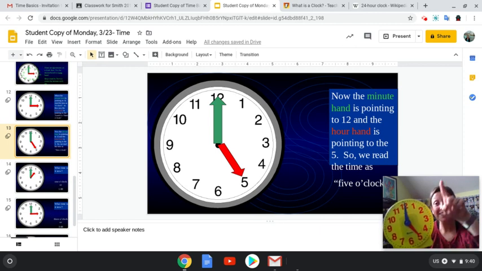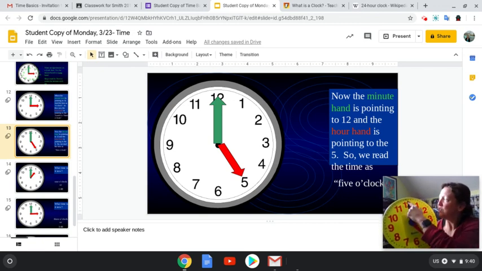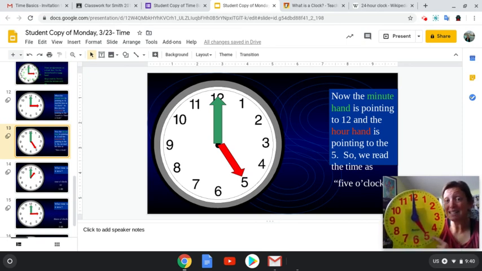Then it went around 60 more minutes. That's 2 hours. So 2 hours after 3 is 5 o'clock. We know that it's 5 o'clock. It's 0 minutes past 5, or it's 0 minutes after 5. So we say it's now 5 o'clock.